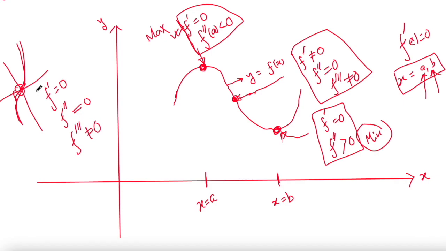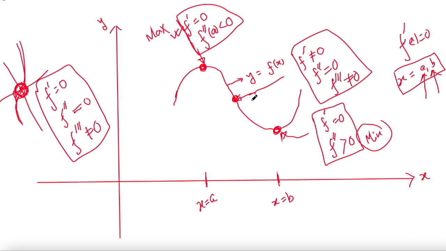If these conditions hold true for this point, then we can confirm that this point is a SIP, or a stationary inflection point.